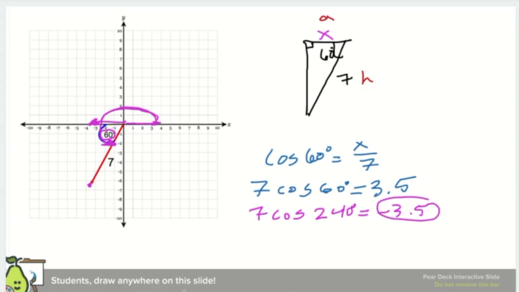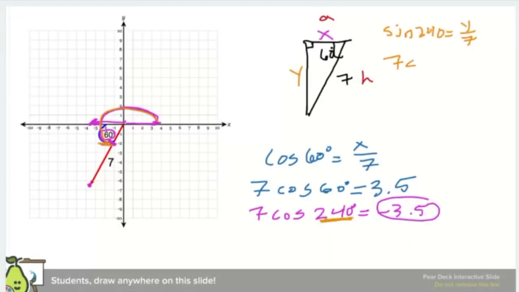To find the vertical component, our y, we do the same thing. Use the angle that corresponds with this direction here. So here we would have sine of 240 equals y over 7, opposite over hypotenuse.